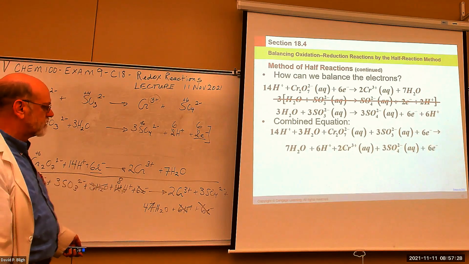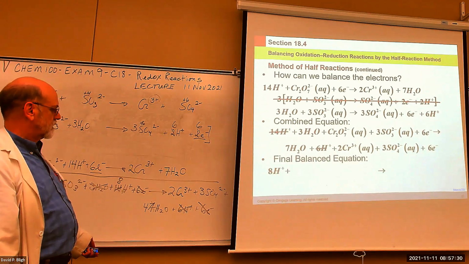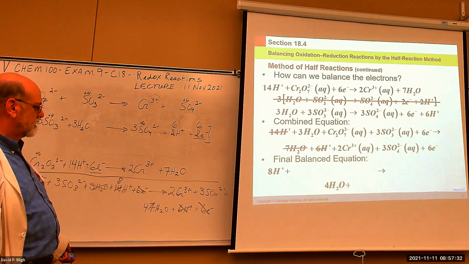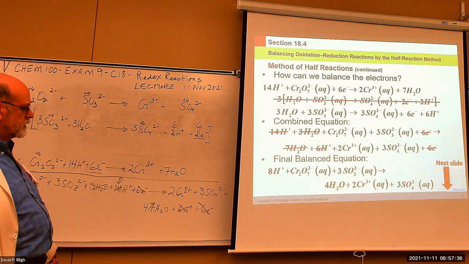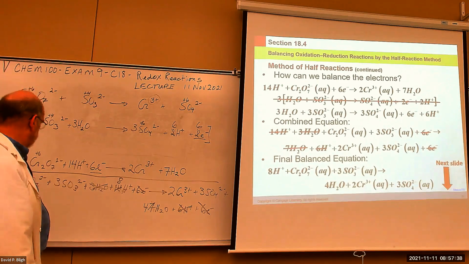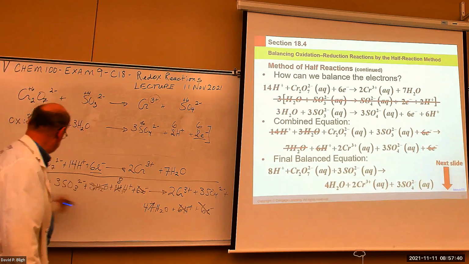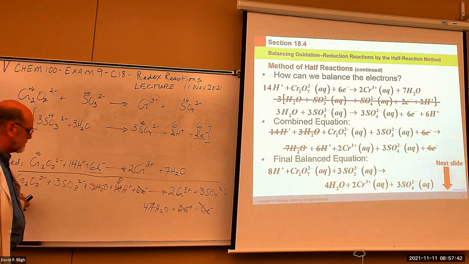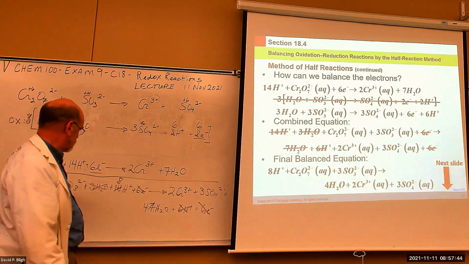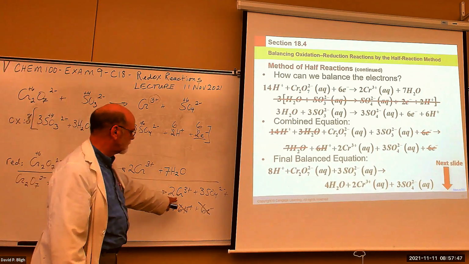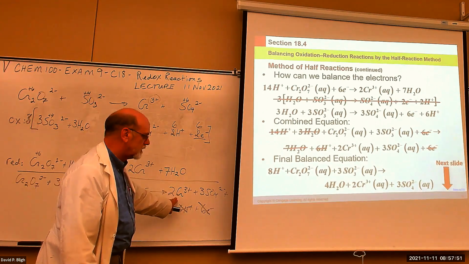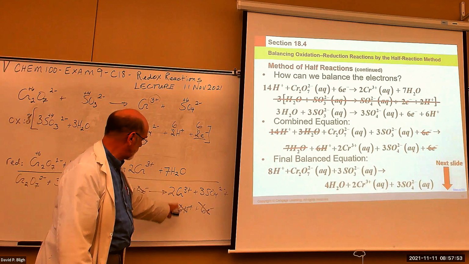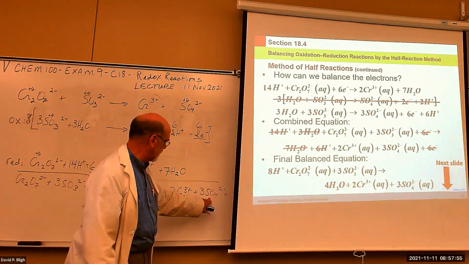Nope, still not done. There we go. There are the waters. And there's the rest. So that's 8 hydrogens, 1 dichromate, 3 sulfites, yield 4 waters, 2 chromium 3+ ions, and 3 sulfate ions.